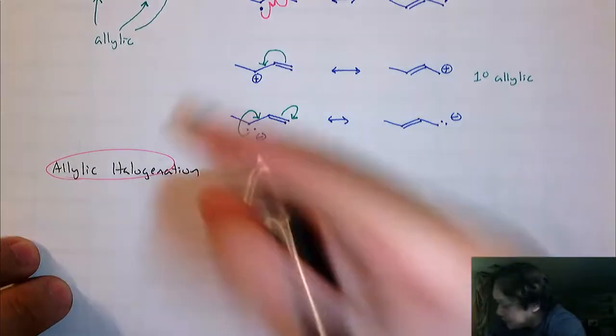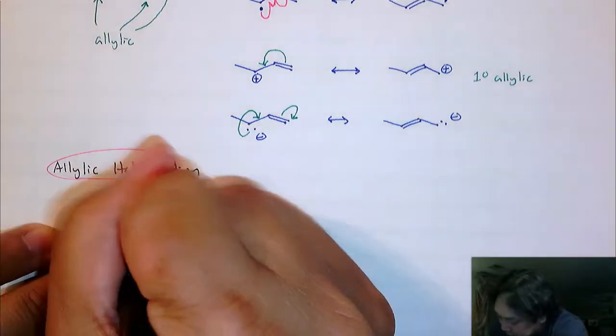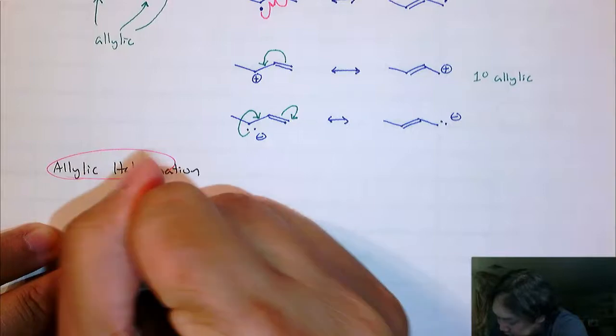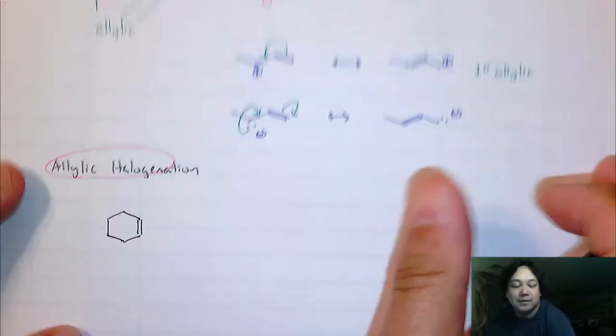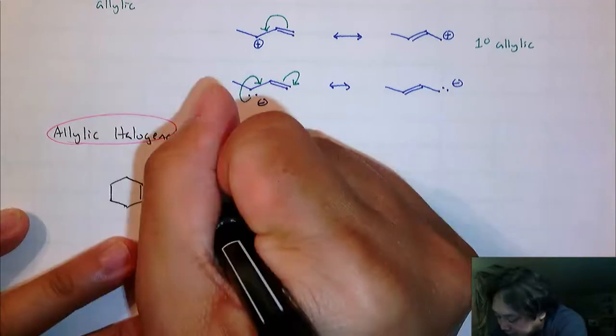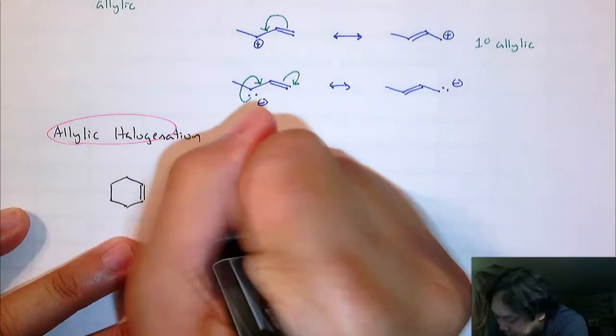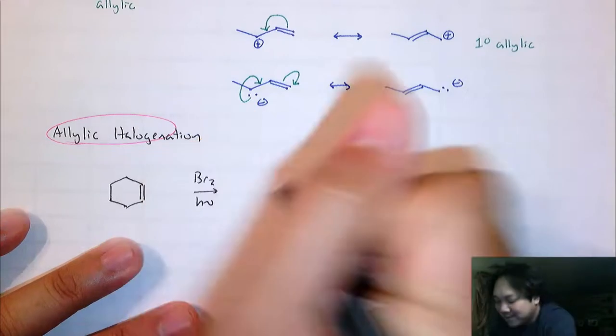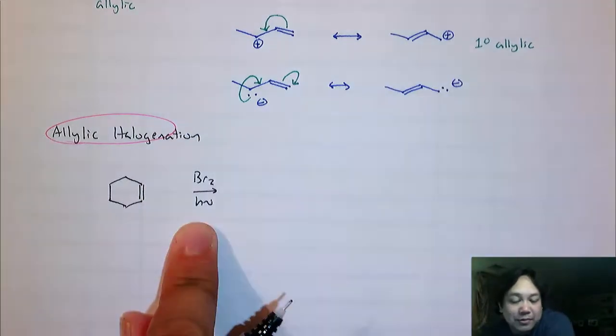And I will choose, for now, the cyclic alkene, cyclohexene. The reagents here are going to be Br2 and light. See, that should be very familiar.